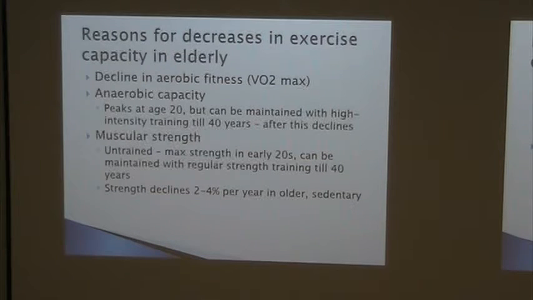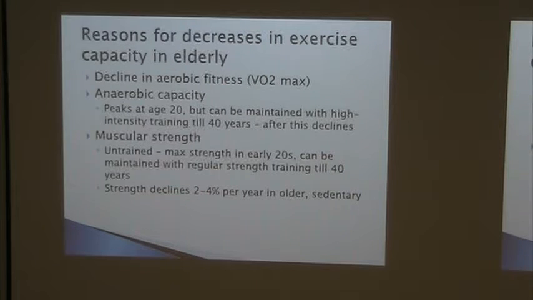Your muscle fiber size tends to decline, and that happens mostly in the fast twitch muscles. So that contributes to the decline in anaerobic capacity. And then you're going to have strength declines of around 2 to 4% per year in older and sedentary folks.